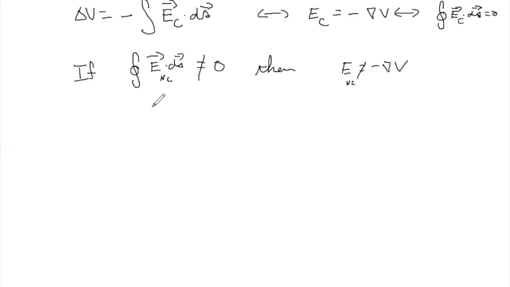Well, we've already seen such vector fields. These are kind of like magnetic fields. So this would require electric fields to form, or the electric field lines to form closed loops.